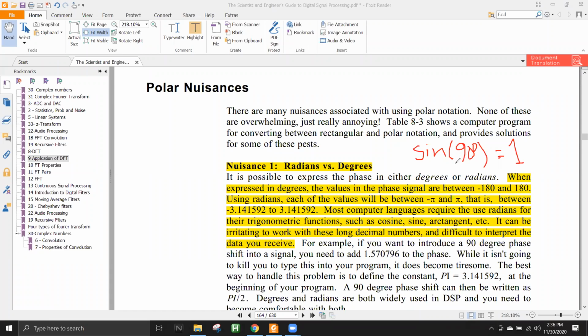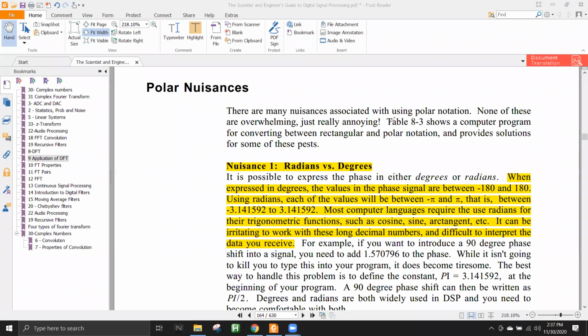Because sine is expecting, in order to calculate 1, sine of pi by 2. You have to convert 90 to radians to get that. This is because of how it is implemented in the library.